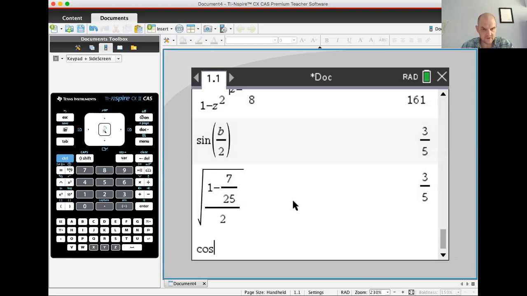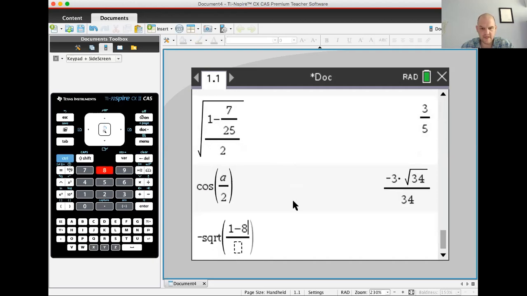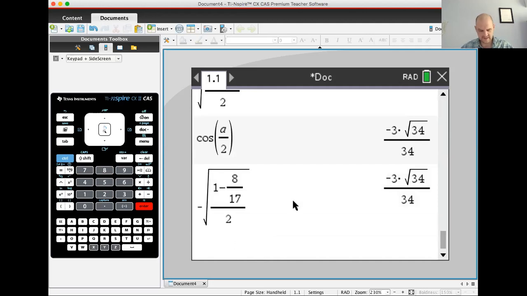And then we want the cosine of a over 2. We get negative, and if we punch in what we had, negative square root of (1 minus 8 over 17) over 2, I'm going to rationalize that and say it's negative 3 over radical 34.